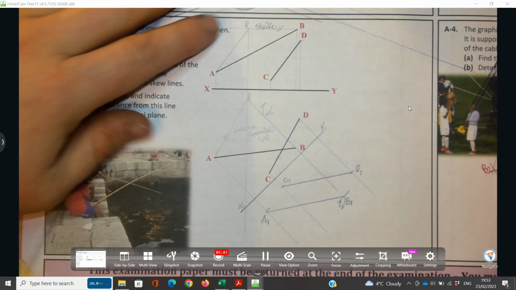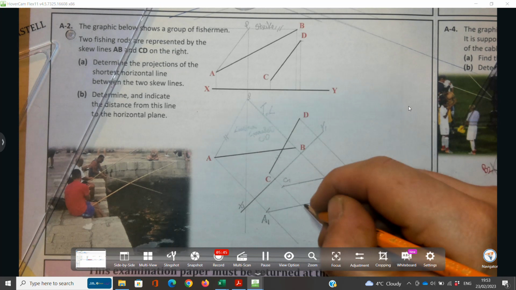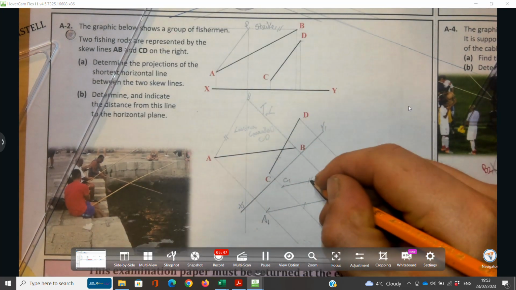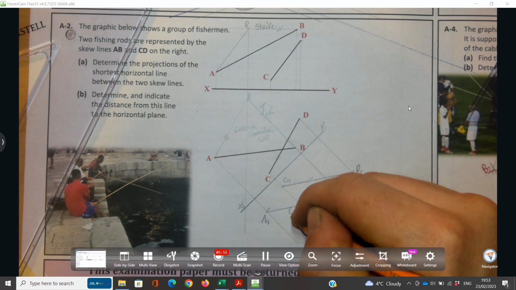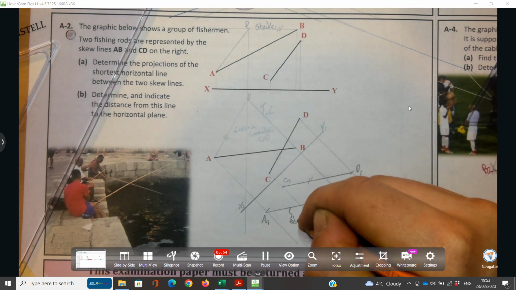Now the two skewed lines appear parallel there, but they're not really. Line CD is parallel to surface APB, which projects as an edge view.